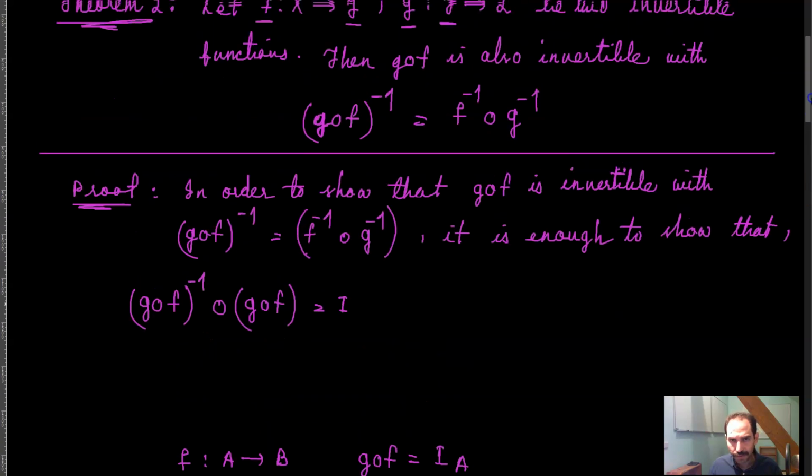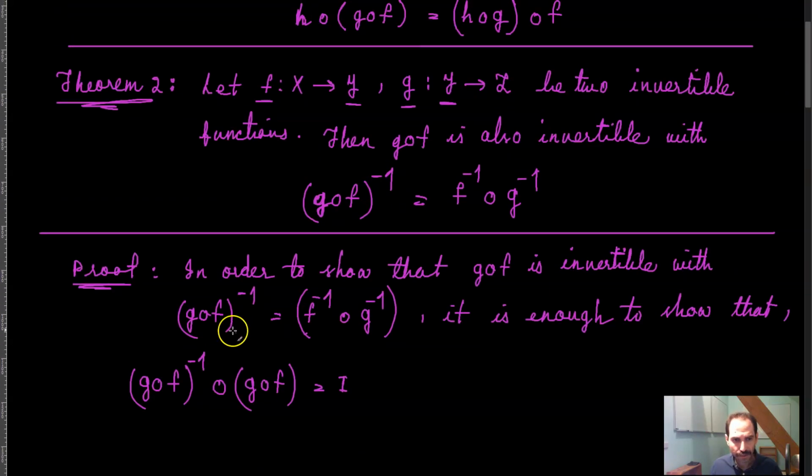GOF goes from x to z, so the domain is x, so that becomes I of x.